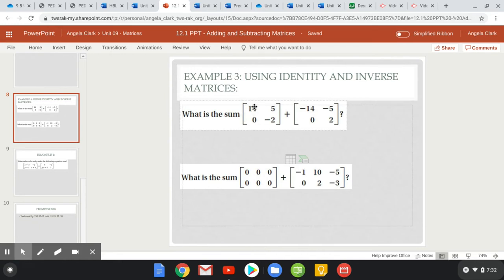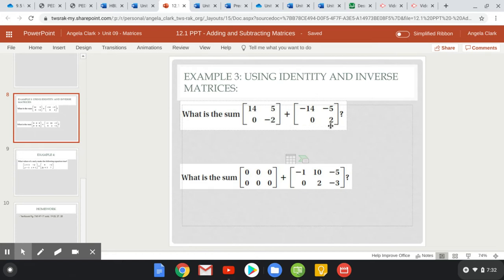Let's notice here that these two are additive inverses, right? 14 and negative 14. 5 and negative 5 are additive inverses. 0 and 0 is the identity, so it's its own additive inverse, right? 0 plus 0 is 0.